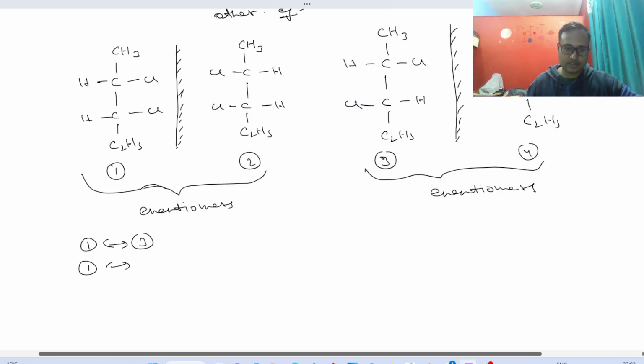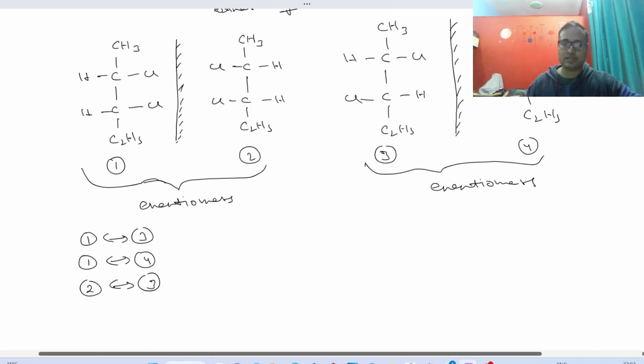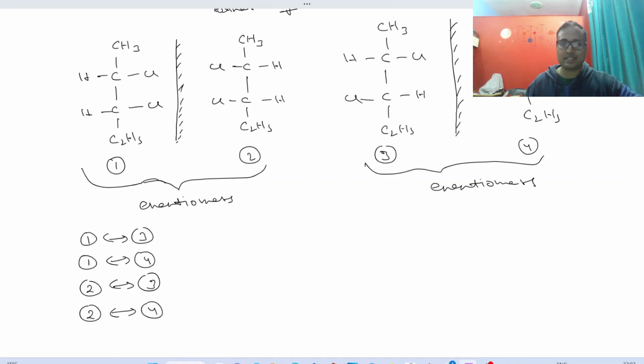Compound 1 and compound 4, again non-superimposable, non-mirror images, but having the same molecular formula and same structure. Compound 2 and compound 3, again non-superimposable, non-mirror images. Compound 2 and compound 4, non-superimposable and non-mirror images. It means we have four sets of diastereomers over here.